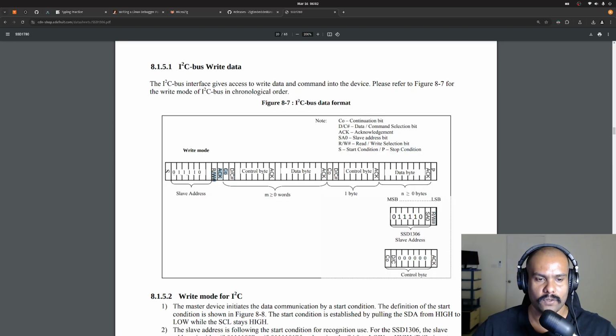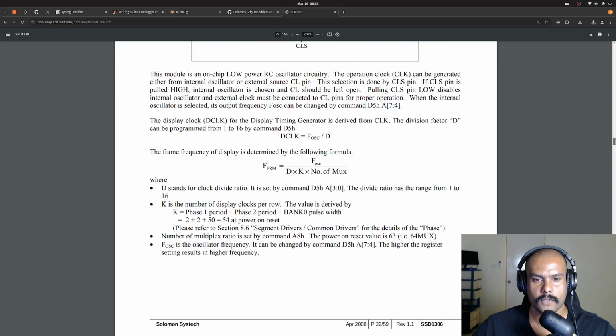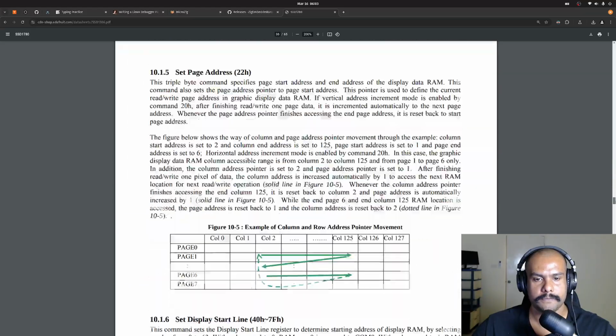Just ignore this bit. So I'm guessing this is the contrast value. So if I set this control byte to hex 81, then this is the contrast value. Okay.